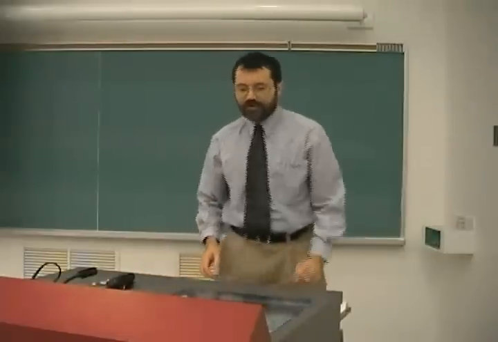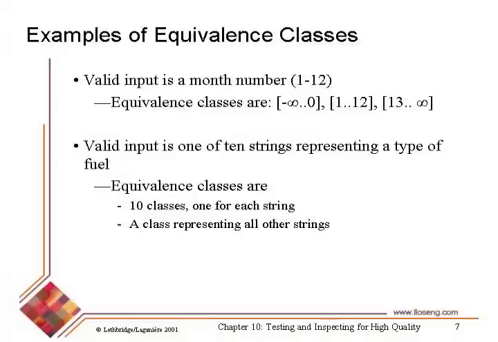Here's an example. I gave you an example of sorting, but here's an example of invalid or valid month numbers. Let's imagine that I had an input into an algorithm that did something with dates, where one of the values was the valid month number from 1 to 12. What are the equivalence classes?